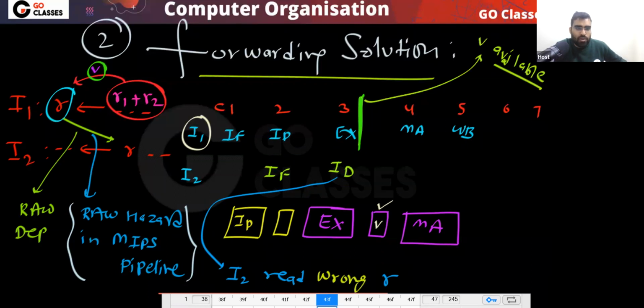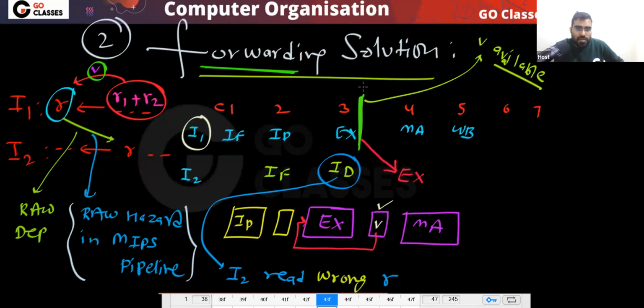You have read the wrong value, but from this buffer we directly supply the value to the execution stage. See, we are reading the wrong value, but I will correct my mistake here. I am fixing my mistake. Do you remember? This is what I told you: forwarding solution means rectify your mistakes.